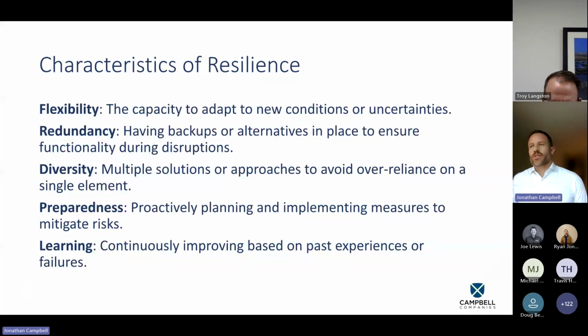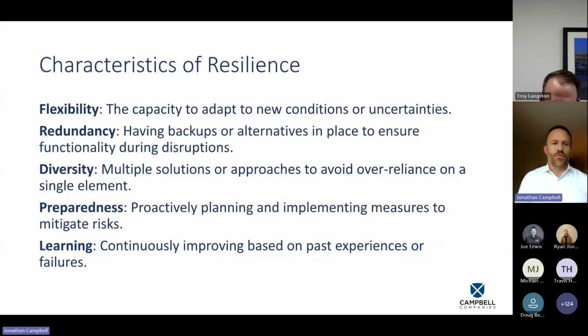And so when you look at resilience, here's where I think this is really interesting. Everyone here in this group works with construction, with infrastructure. And that's what I'm going to talk about, the infrastructure resilience side of things, because this is what you all deal with every day. When you look at the characteristics of resilience, this is from a UN study on natural disasters and how to be resilient.